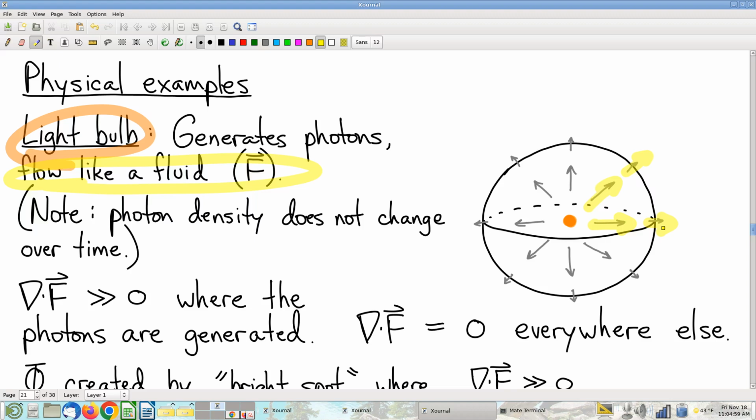We're using the density times velocity interpretation of a fluid flow here. As the photons get further and further away, they spread out more, and there's literally less photon density the further you get out. So we have longer flow lines close in, shorter flow lines further out.